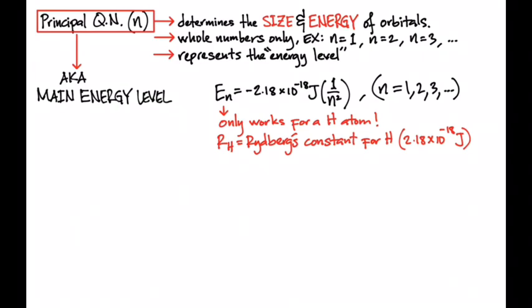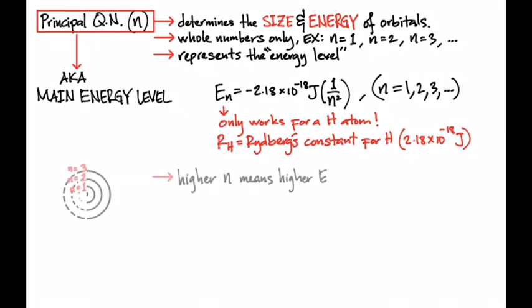So it doesn't work for multi-electron systems like larger atoms like helium or lithium, beryllium, or heavier elements. And this numerical value right here, negative 2.18 times 10 to the negative 18 joules, is actually known as the Rydberg constant. Again, this only works for a hydrogen atom.